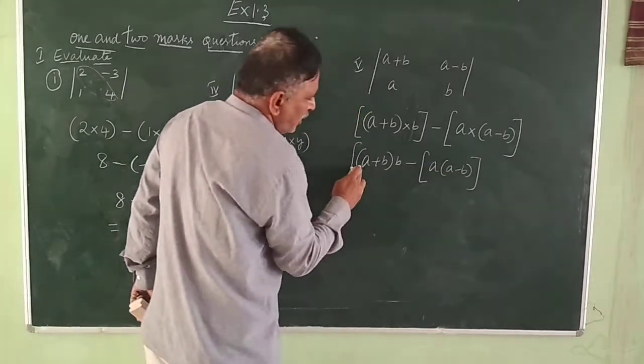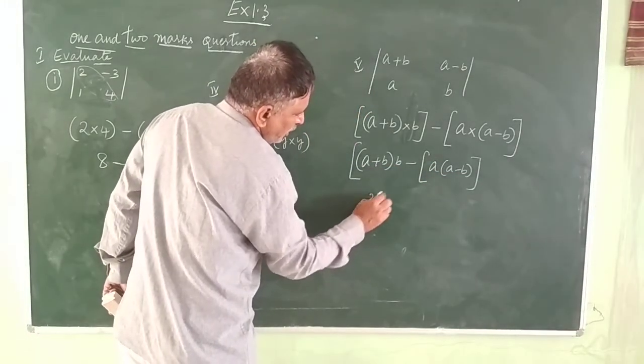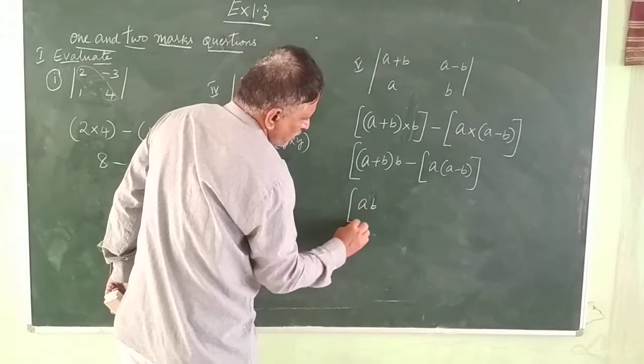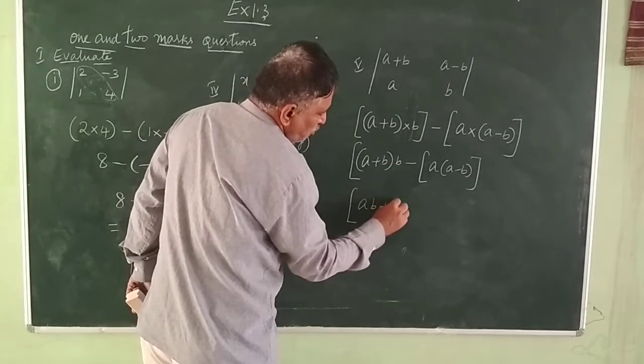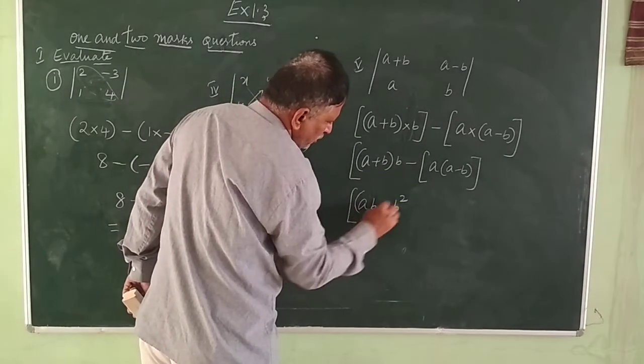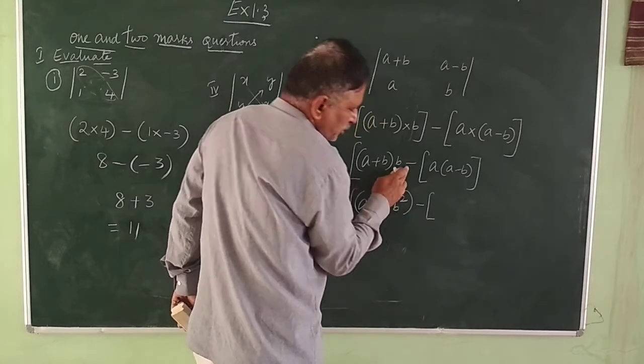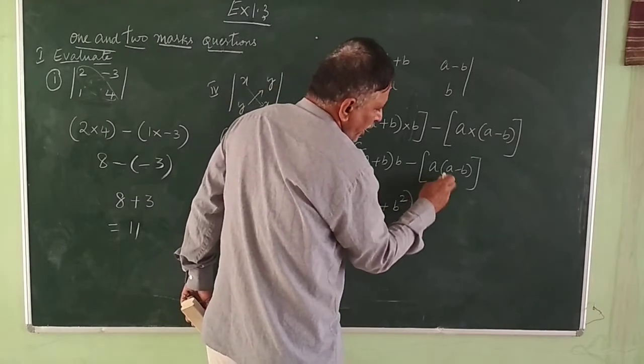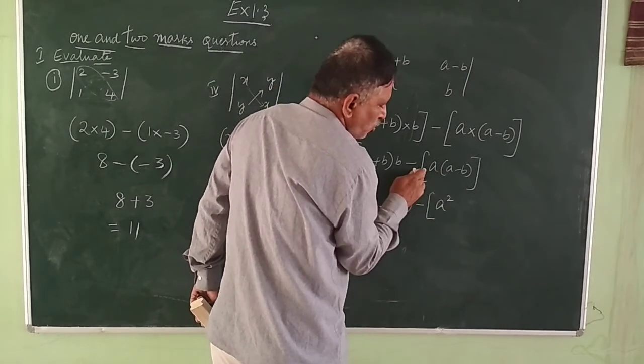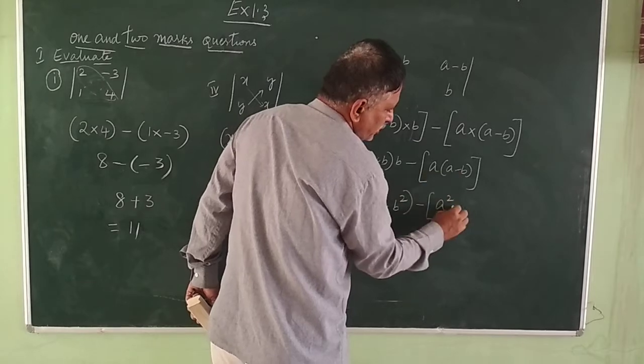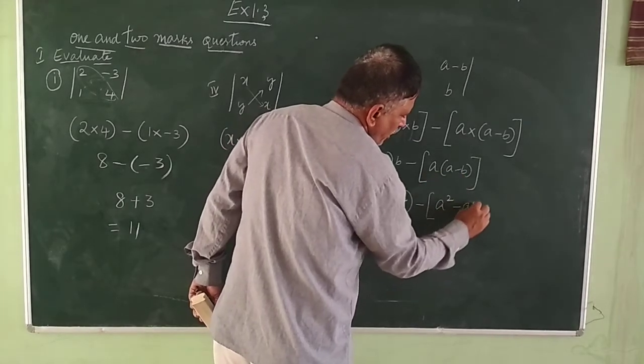Now if I multiply a into b, ab, plus b into b, b square, minus, because the minus sign is there, then a into a square. Here no sign, plus into minus is minus, a into a, ab.